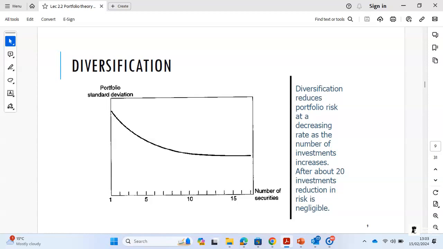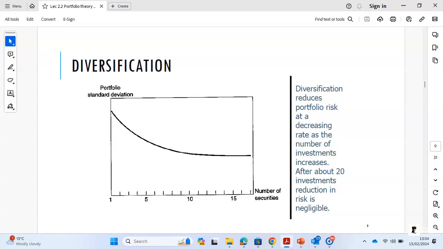As you add more securities, what are you diversifying away? The unsystematic risk component, which is unique to individual securities. But in a portfolio, all of the securities would still be exposed to the market risk, the market-wide factors.